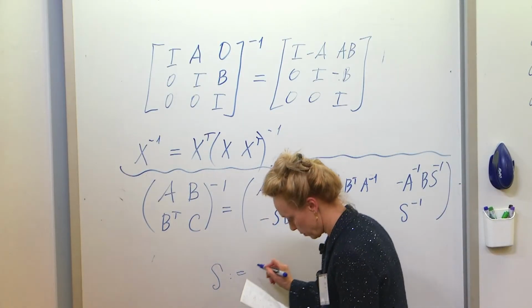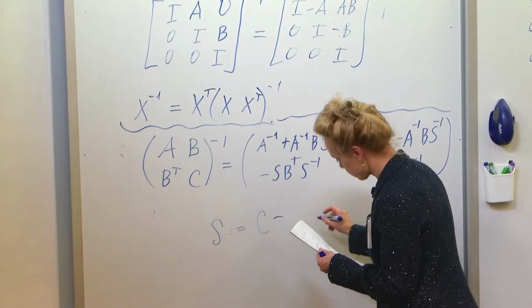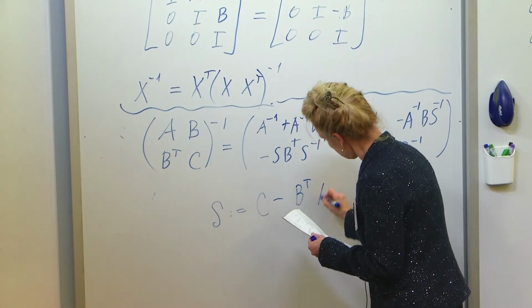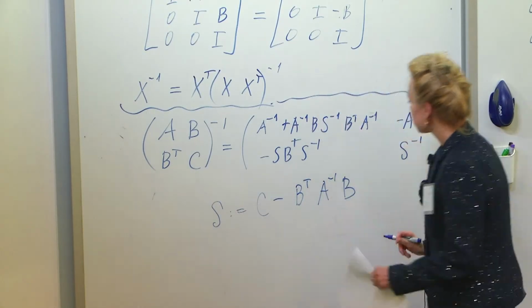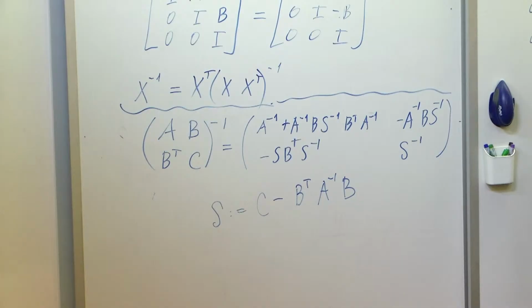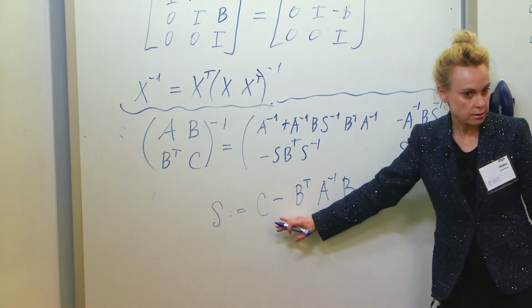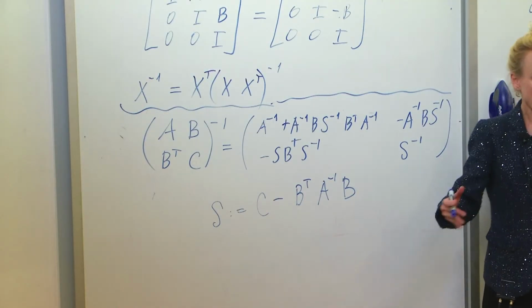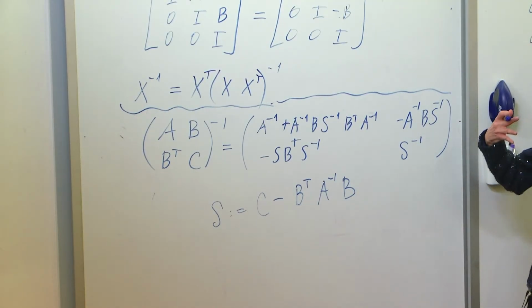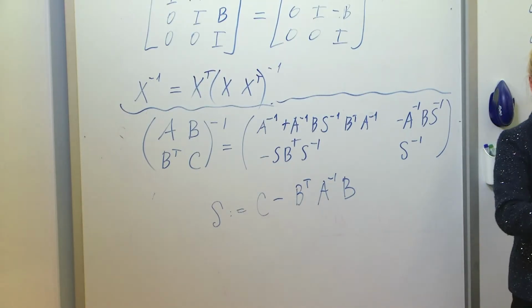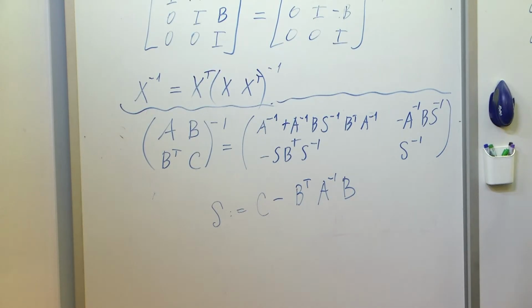So S is going to be C minus B transposed A inverse B. In other words, there is a reduction of this inversion problem to a smaller inversion problem for the Schur complement, which is again going to be symmetric. And by analyzing this and now using a bound on the matrix multiplication, you can get a bound of the same order on the inverse. Why didn't you want to do Gaussian elimination to invert?